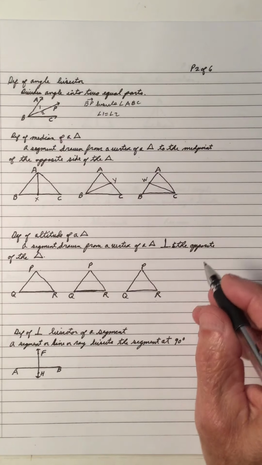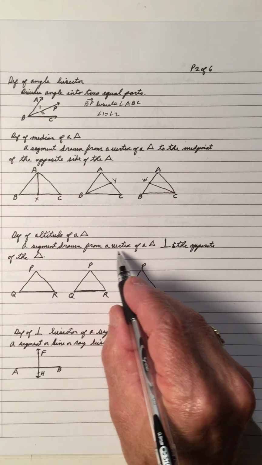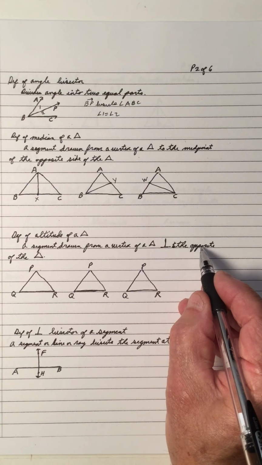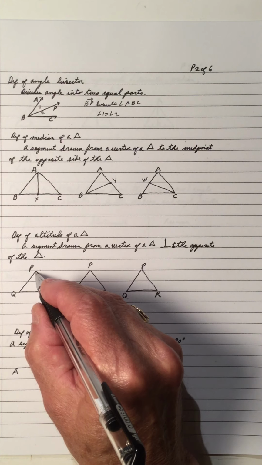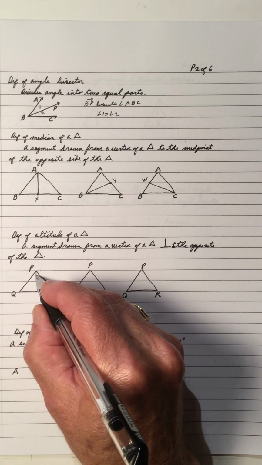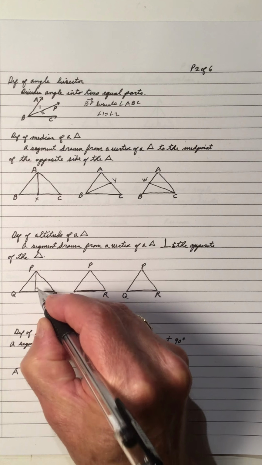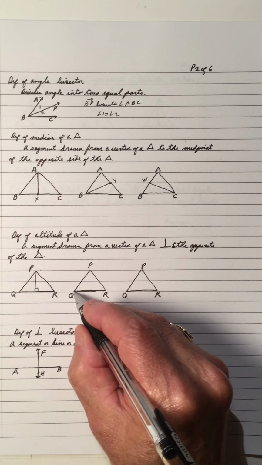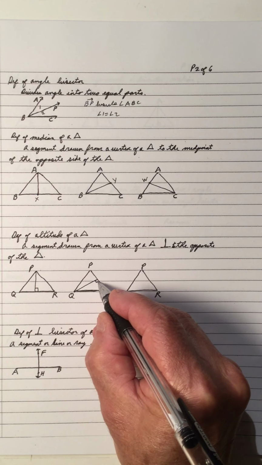So three medians. An altitude of a triangle is a segment drawn from the vertex of a triangle perpendicular to the opposite side of the triangle. So if we draw an altitude from P, then the altitude goes down perpendicular to QR. If we draw an altitude from Q, it leaves Q and goes perpendicular to PR.